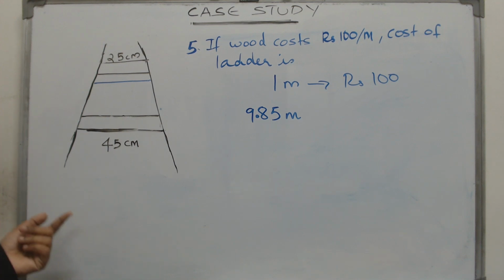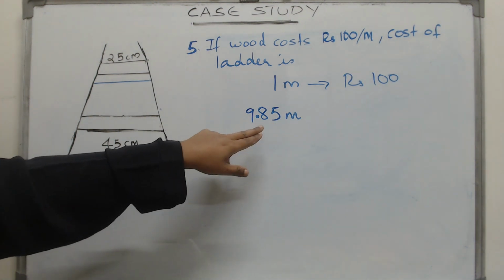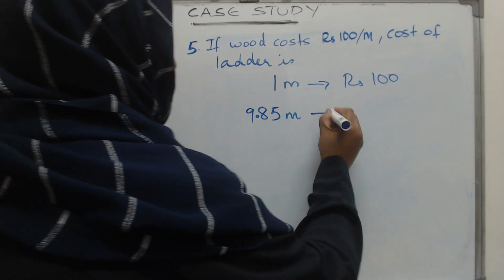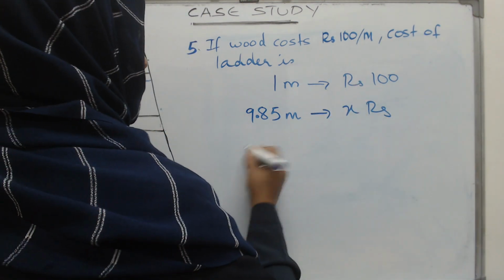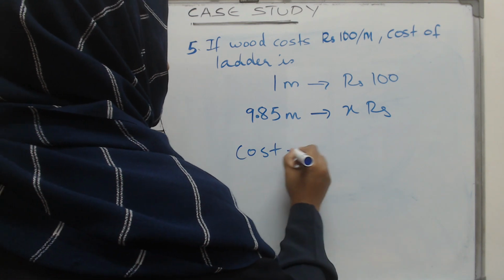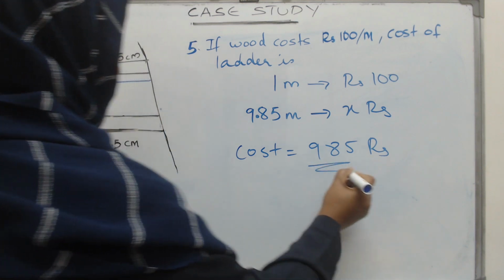So to make the total ladder, we needed this much wood. So how much does it cost? How many rupees does it cost? Just cross multiply, then the cost is 985 rupees to make the whole ladder.